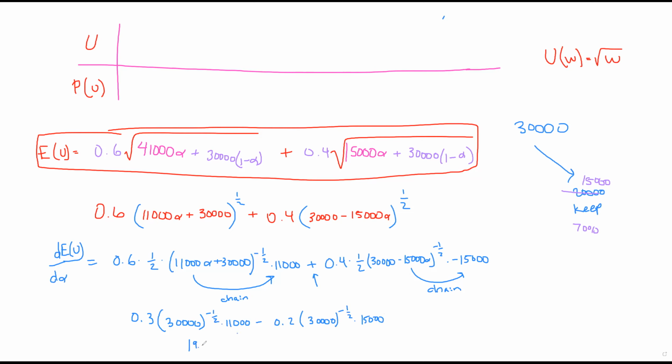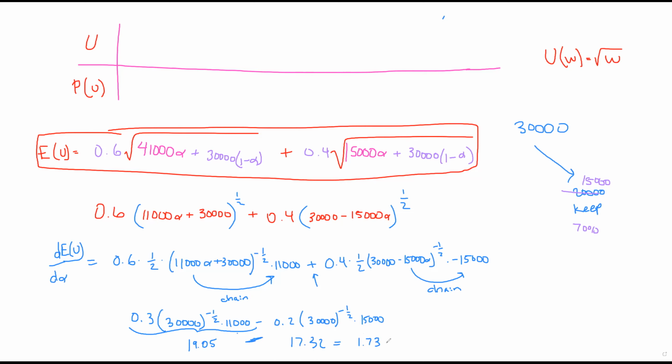What does that come out to be? 19.05. That's just this term, by the way. And then 0.2 times 15,000 times 30,000 to the negative 1/2, I get 17.32. But these are being subtracted, so I get roughly 1.73.